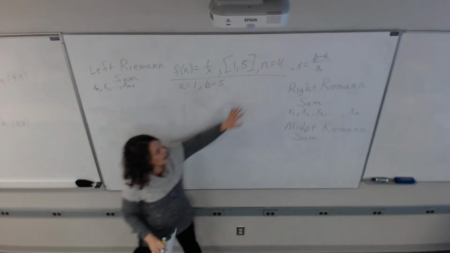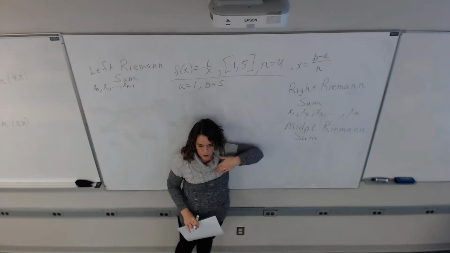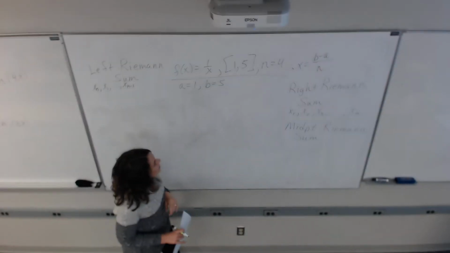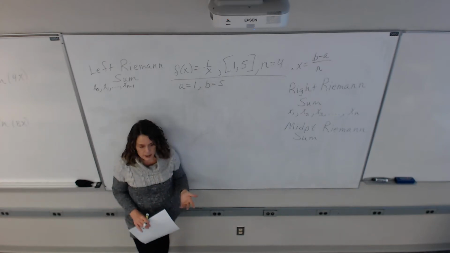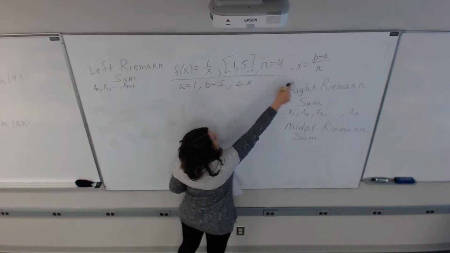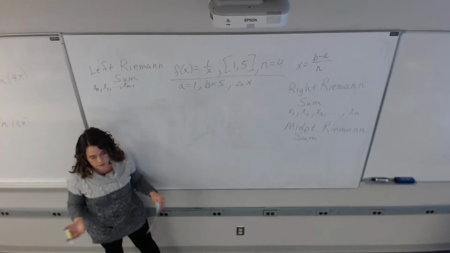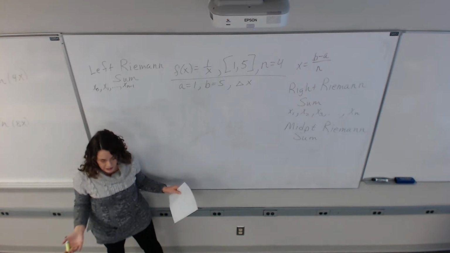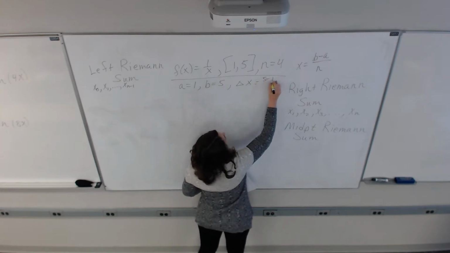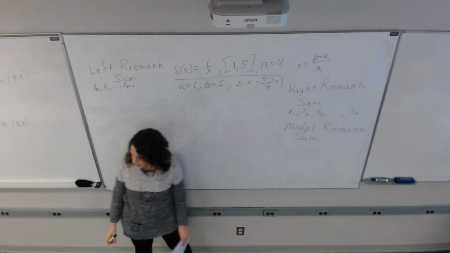And I have to tell you how many partitions to make, how many different cuts to make in the graph, or how many different shapes to make out of it. So if n is 4, I want 4 boxes, how wide is each box going to be? I left the formula up over here. How would you find the width of each box? Aside from the fact that you can just look at it and tell, what is it? 5 minus 1 divided by 4, which is 1 wide, all right?